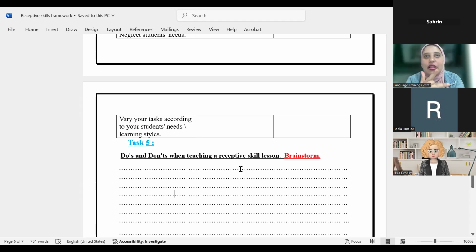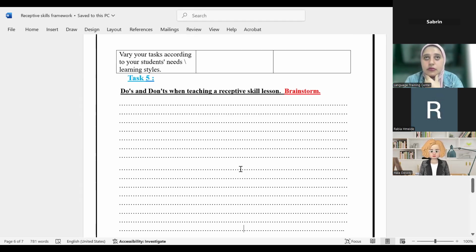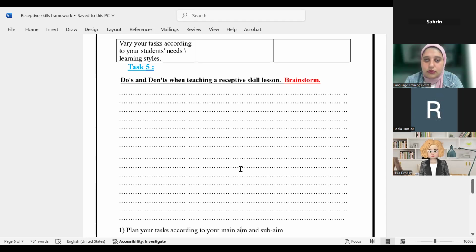For example, if they are visual learners, you need to show them some pictures and ask them to write sentences related to the text, right? If they are oral, auditory students, you can provide them with the audio together with the reading text, and so on. That's very perfect. There is another classification for learning. A learner can be a solitary learner.